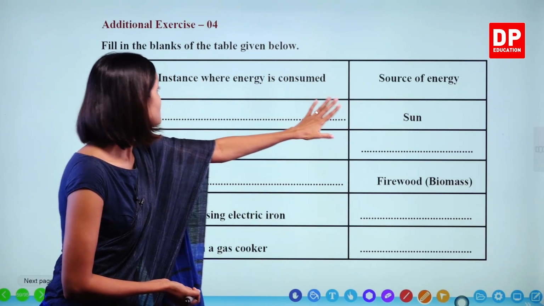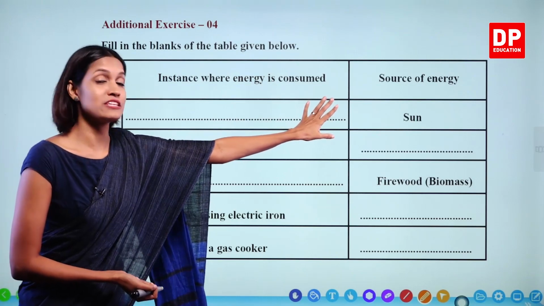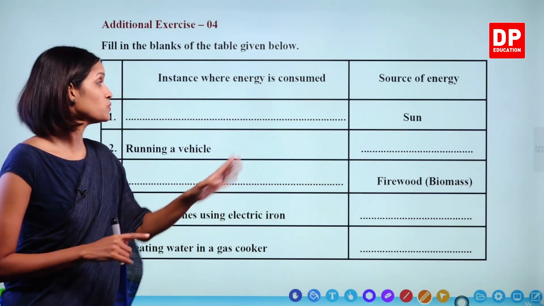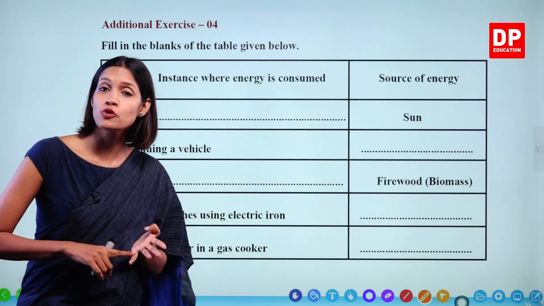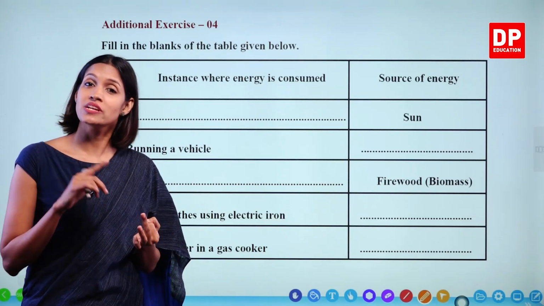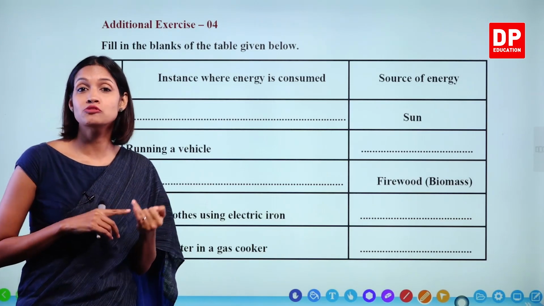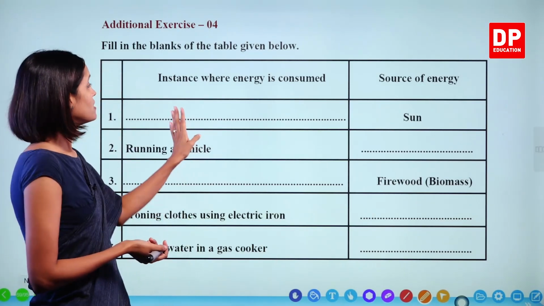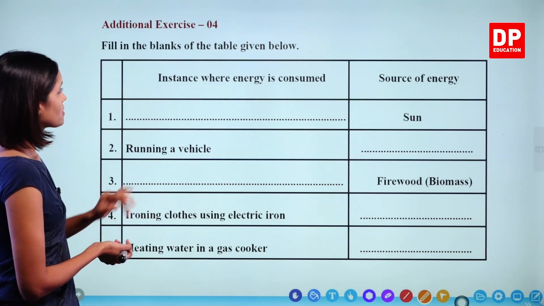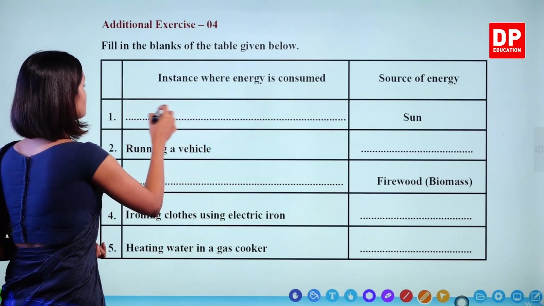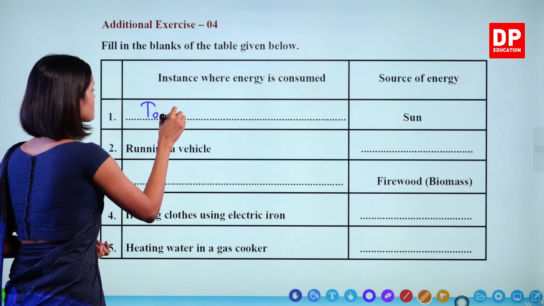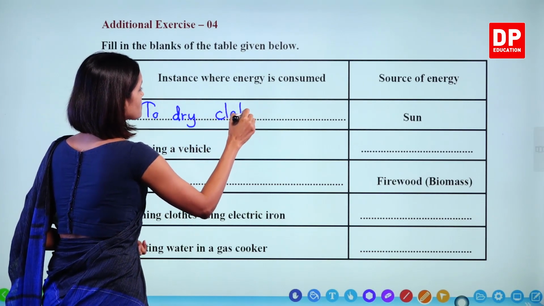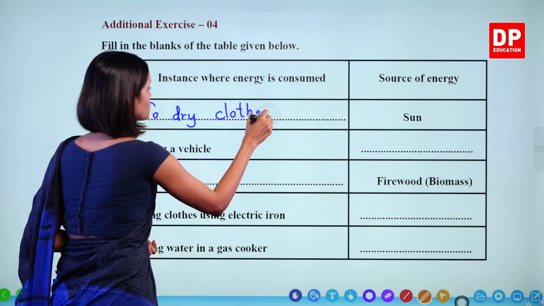So an instance where solar energy, sun's energy, is used. There are different instances. We can use the solar energy to dry clothes, to dry grains, to generate electricity, to heat water using the solar heaters. Okay, children? We will write source of energy sun, to dry clothes.